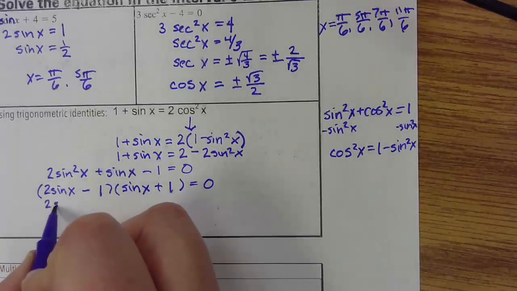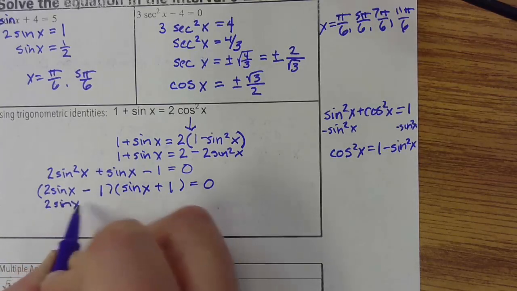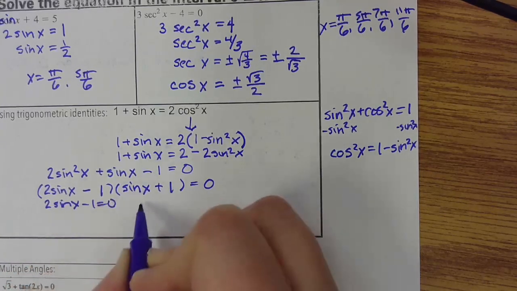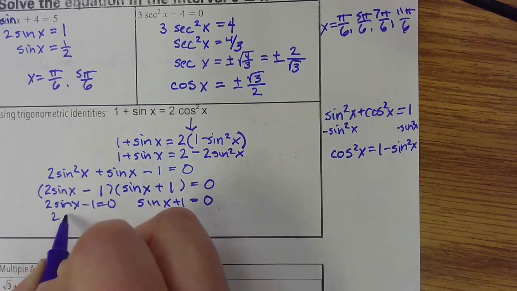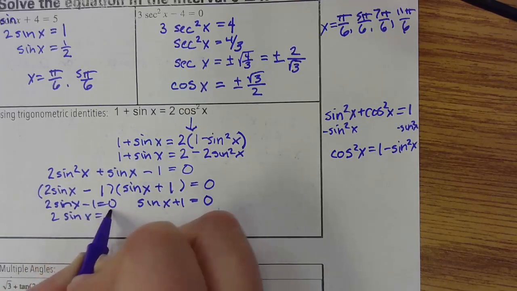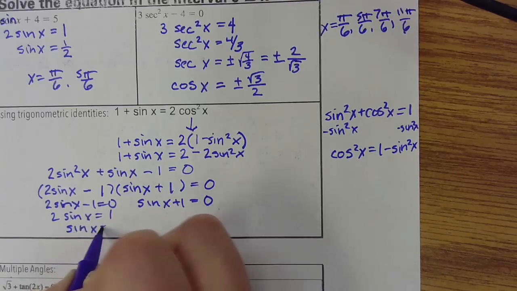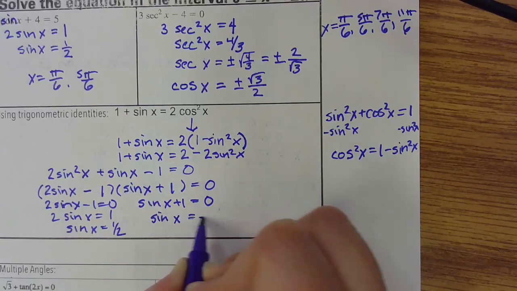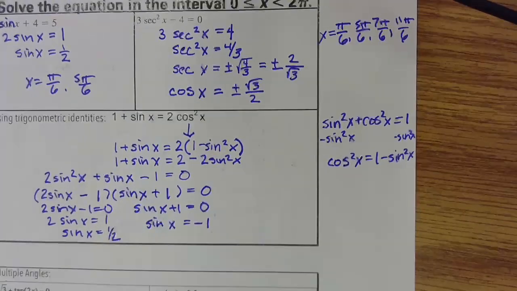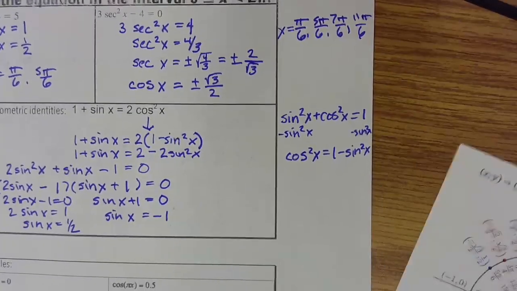So set each piece equal to 0. 2 sine x equals 1, so sine of x equals 1/2. Or when does sine of x equal negative 1? At this point, I just jump to my unit circle.